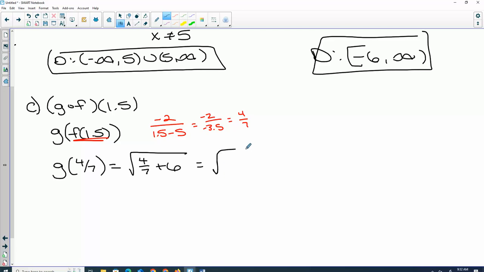You get like the square root of 46 over 7. I told you guys, when people were asking me, you could give me the decimal. I didn't care. So if you just type that on your calculator, you get 2.5635. Otherwise, you could rewrite it in radical form, but I would take either one here. All right, so don't let it scare you off just because your number didn't turn out pretty. Same idea.